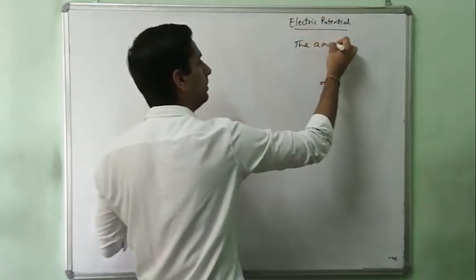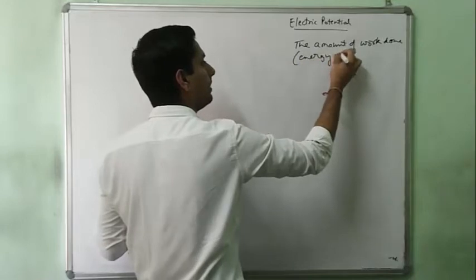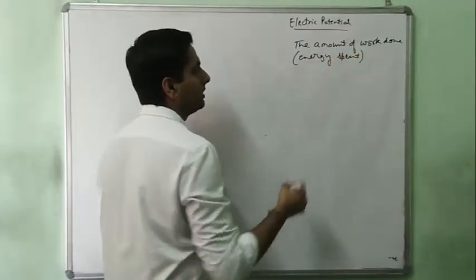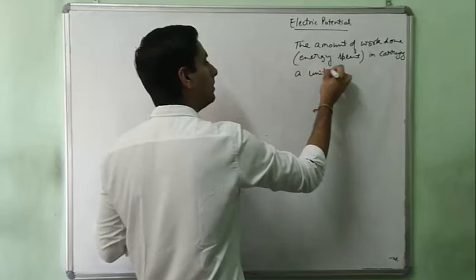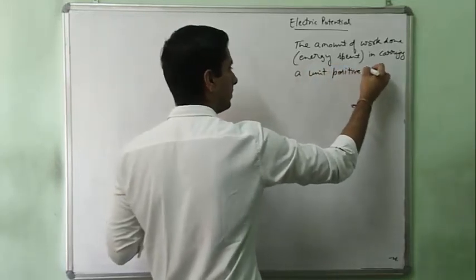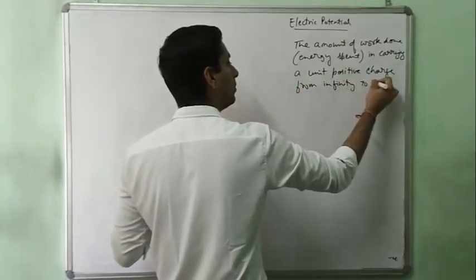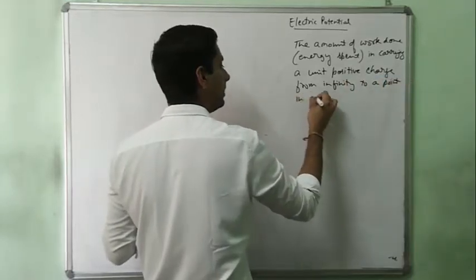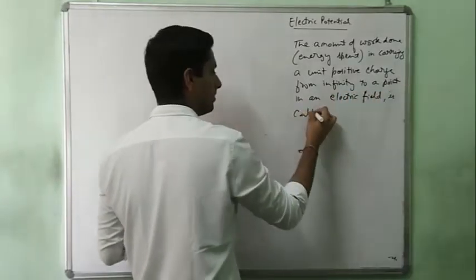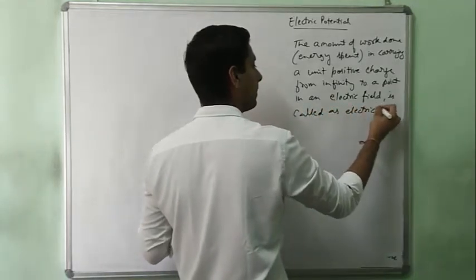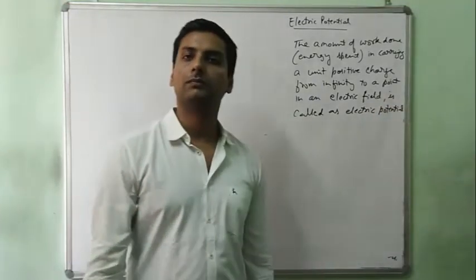The amount of work done, and work done is equal to the energy spent, the amount of work done or energy spent in carrying a unit positive charge from infinity to a point in an electric field is called as electric potential.